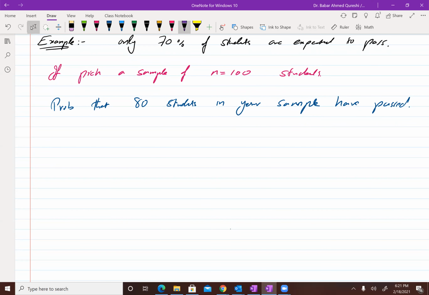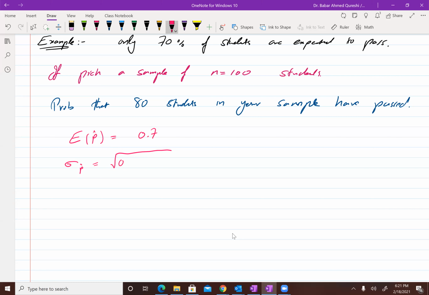So we know that sample proportions follow the normal distribution, and we know that the average is 0.7. And this we can compute from the above formula.